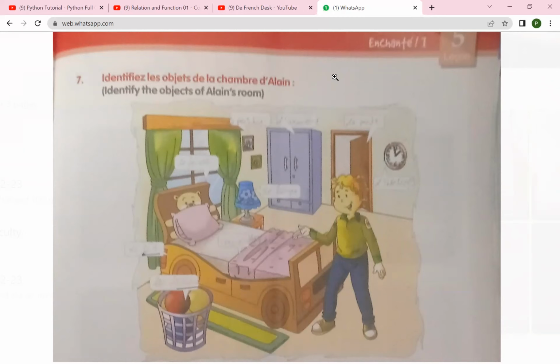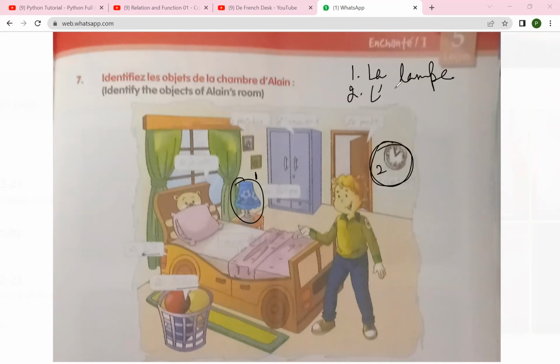Here, this image is lamp. So I'll just name one. So you will write the answer for one is la lampe. Second here is this.